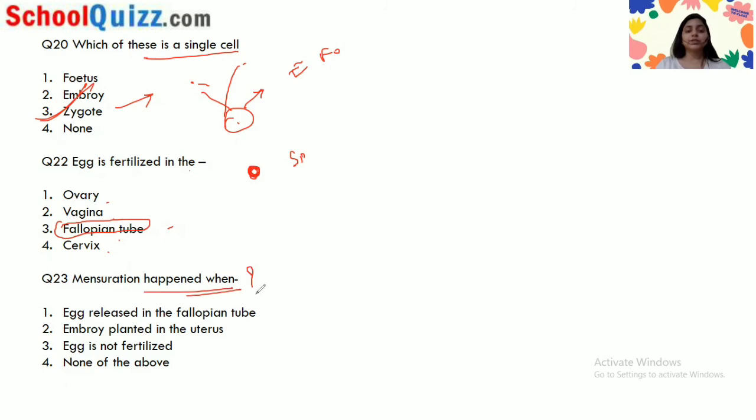So when does menstruation happen? Option number 1, egg released in the fallopian tube, embryo planted in the uterus, egg is not fertilized, none of the above. So menstruation happens when the egg is not fertilized. When the egg is fertilized, it becomes a zygote, then embryo, then the fetus and then the baby.